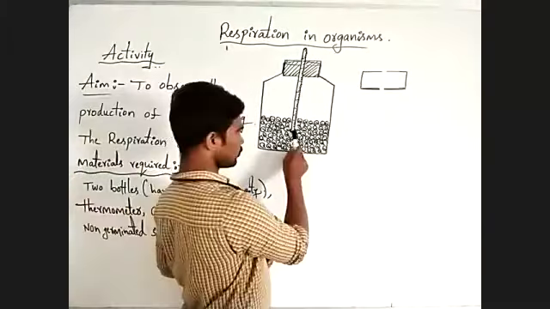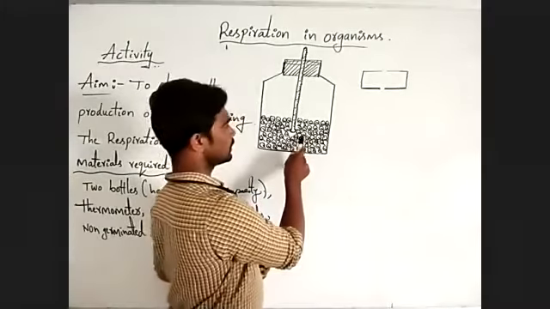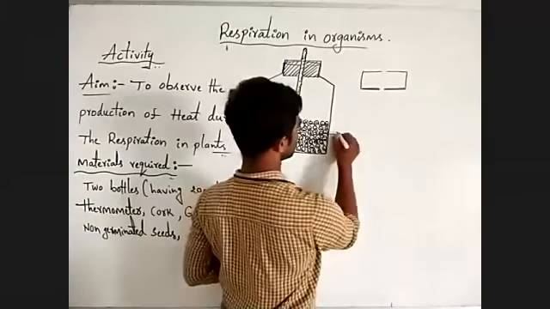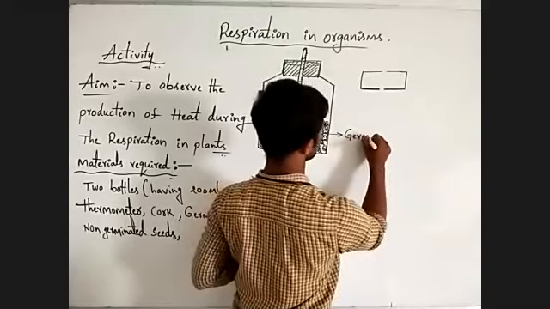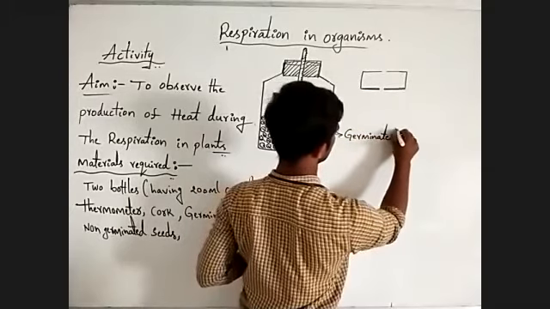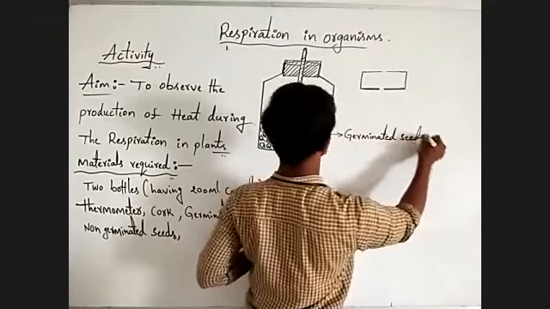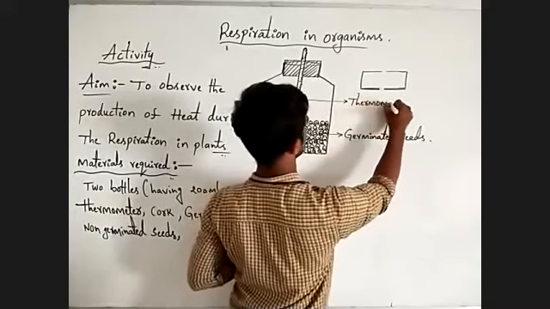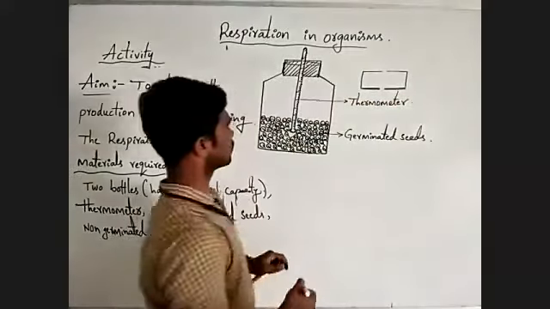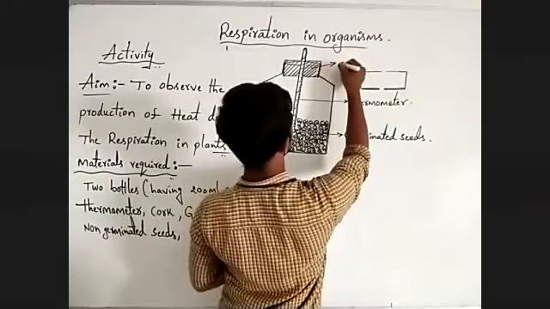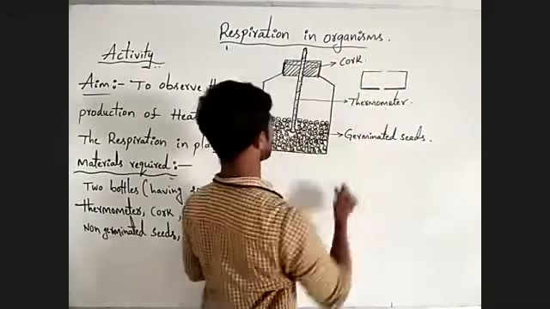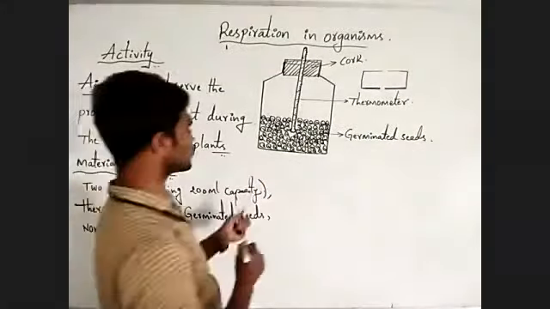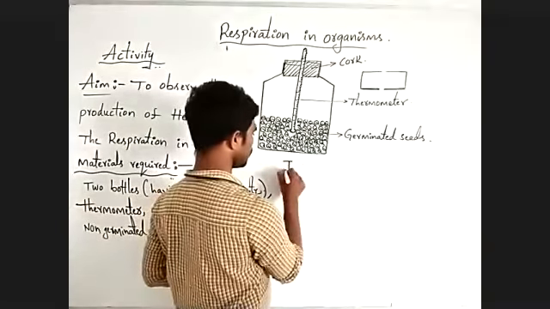Means it should be buried into the germinated seed. Okay, observe: germinated seed, thermometer, and this is the rubber cork. This is the first setup or first bottle.